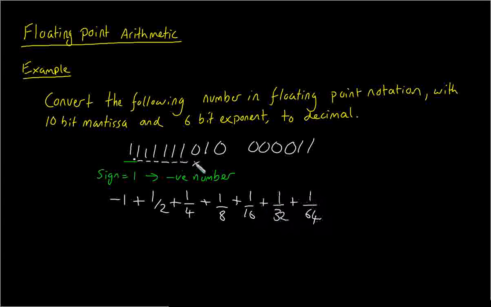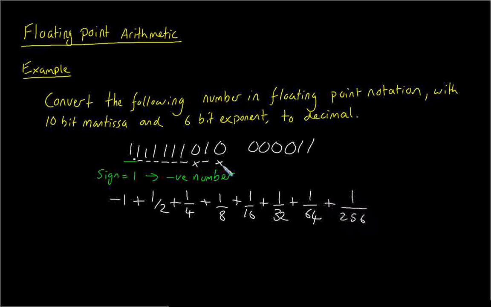But the next one has got a 0, so we don't need a fraction for that one. We miss it out. We go to the next one. So that fraction is not going to be 1 over 128. It'll be 1 over 256, because that will be double 128. The last one we don't need because there's a 0 there.